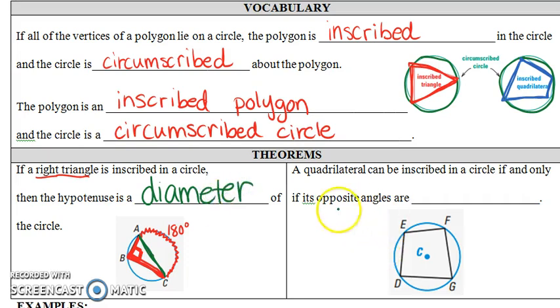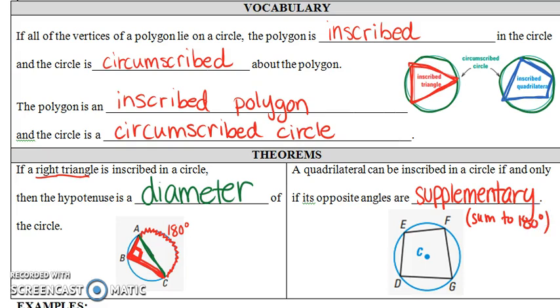And the second theorem I want to talk about in this box states that a quadrilateral can be inscribed in a circle if and only if its opposite angles are supplementary. And you've seen the word supplementary before. Supplementary means that they sum to 180 degrees.